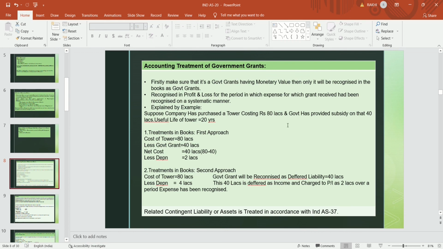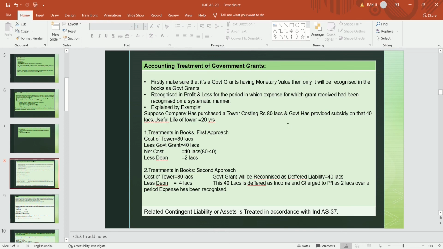Related contingent liability and asset is to be treated in accordance with Ind AS 37. If we make the deferred grant liability, we also consider the contingent asset or liability. In future, if the company does not fulfill the condition, for that we make a disclosure in the contingent liability as per Ind AS 37 for the grant which the company has received.